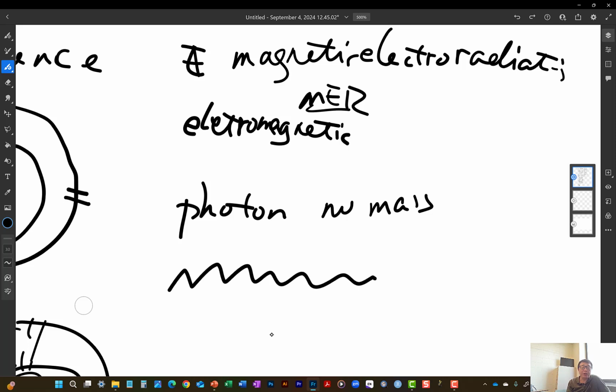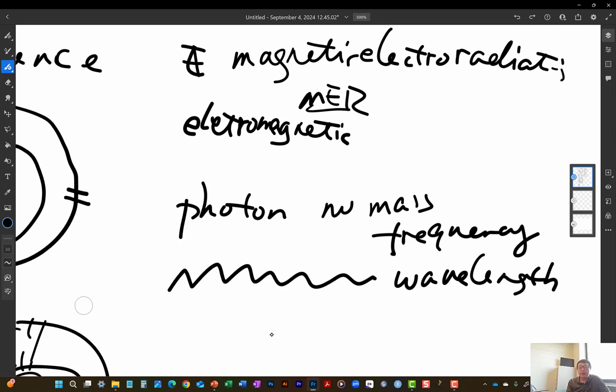Two things can describe photons traveling: frequency or wavelength. In many cases, they are the two aspects of the same thing. The longer the wavelength, the lower the frequency. The shorter the wavelength, the higher the frequency.